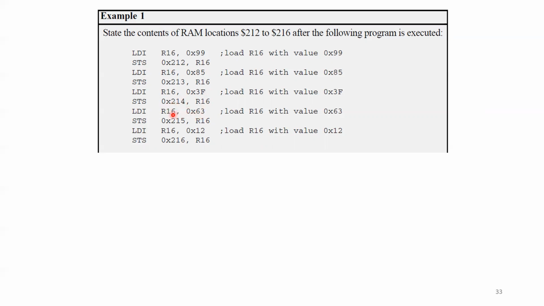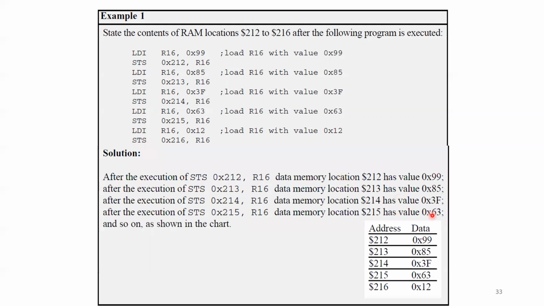Then loading R16 with another value, which is hexadecimal 63, and moving it to 215. Then load immediate the value 12 into R16, and then store in space at memory location 216 the value of 12. If you would like now to see the different memory locations, you can make a table like that.